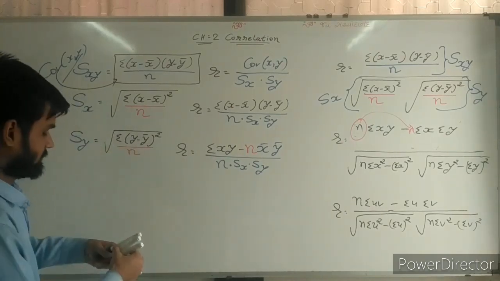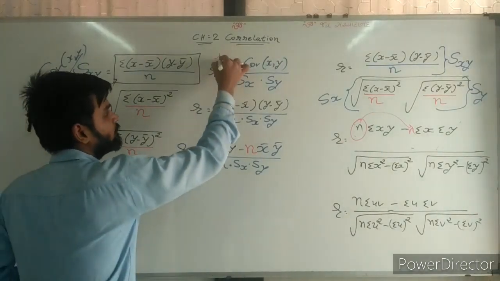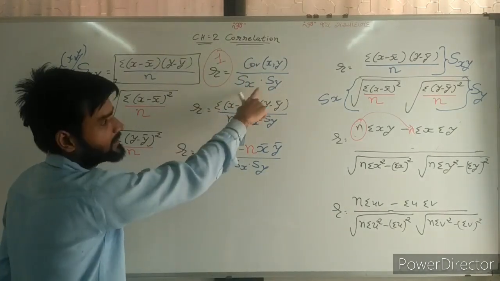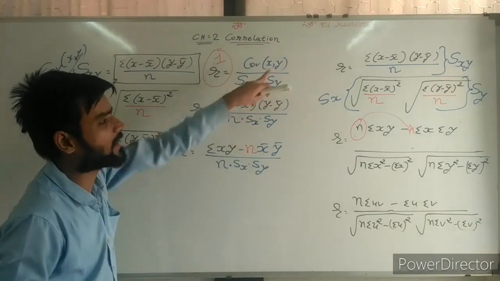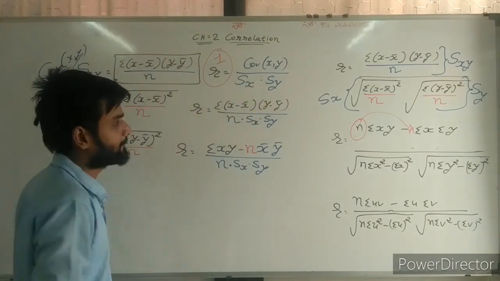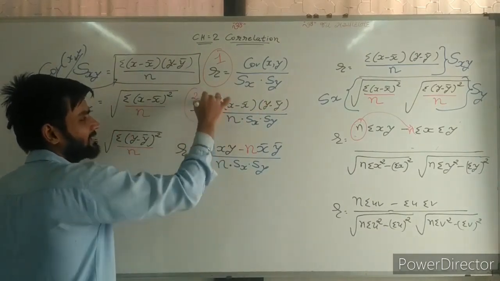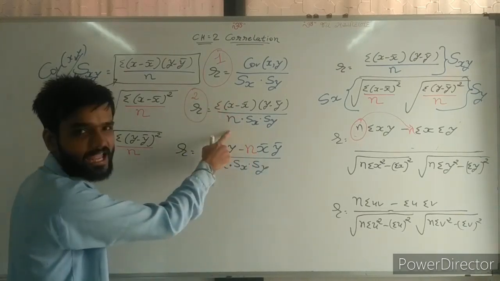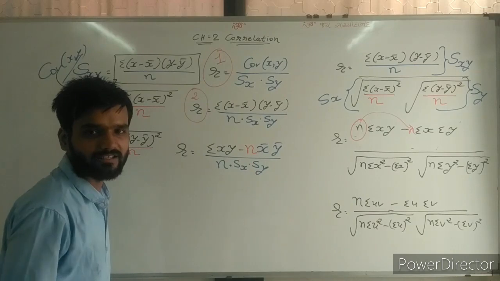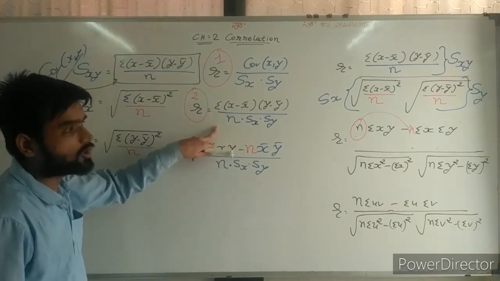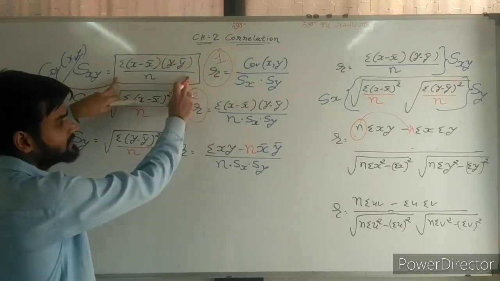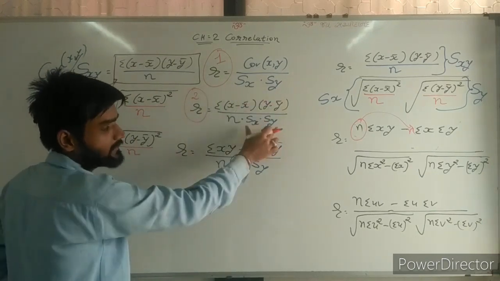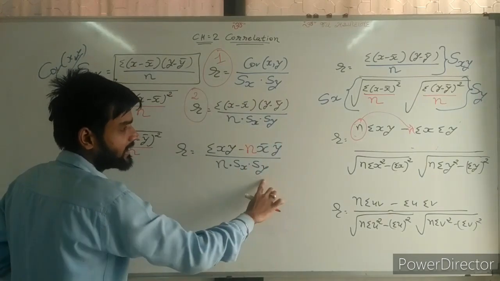So, first formula, covariance of xy upon sx into sy, you can write sxy upon sx into sy. Second formula, sigma (x minus x bar)(y minus y bar) upon n sx sy. That is made on this basis. Covariance of xy means sigma (x minus x bar)(y minus y bar) upon n, and sx sy remains same. Denominator remains same.